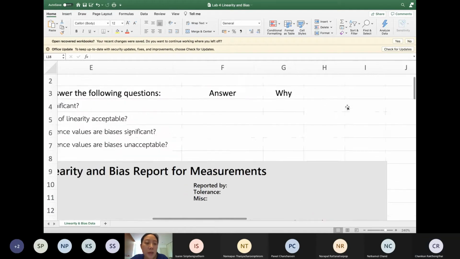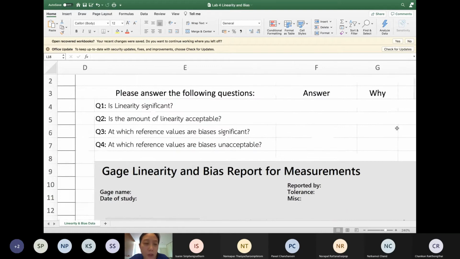The question is, from question 1, now we know that the linearity pattern is significant. So the next question is: this amount of linearity, is it acceptable? Which indicator should we look at to answer this question?